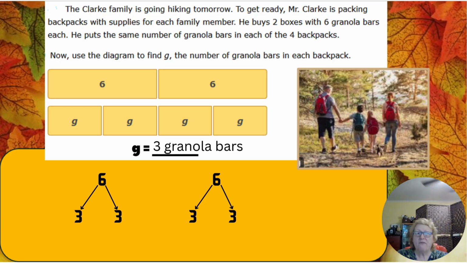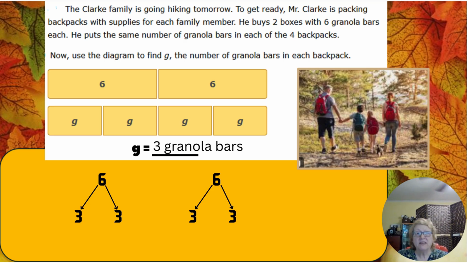What multiplication fact of 6 can you use to get that 6 is an answer that has 2 equal parts? It's the number 3, because 3 plus 3 is 6, and 3 times 2 is 6.